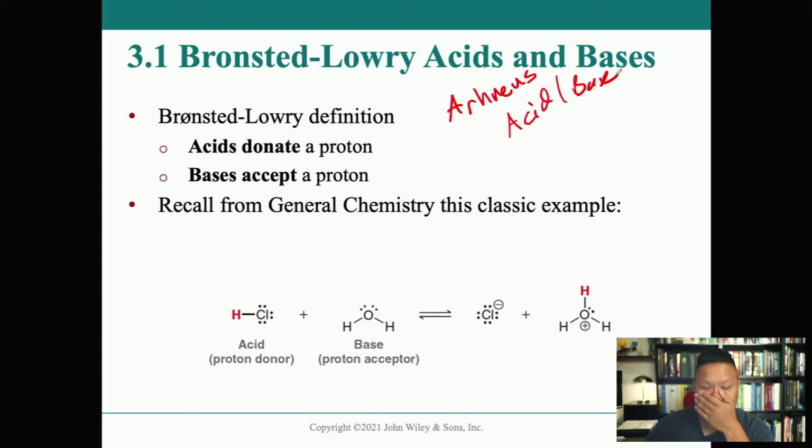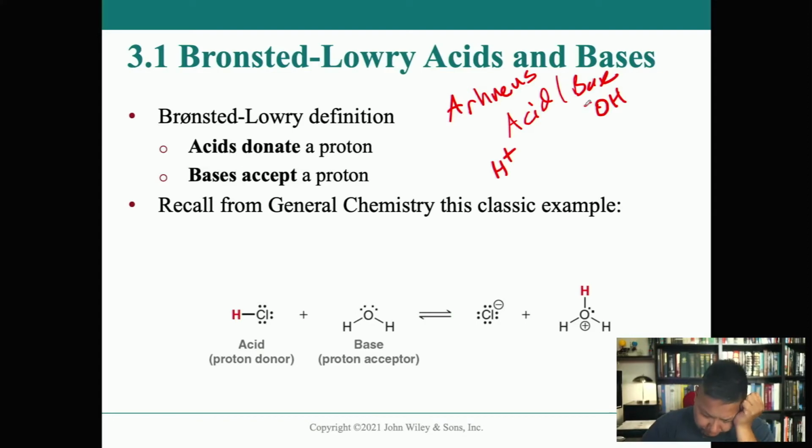In Arrhenius acid-base theory, if you recall from Gen Chem, an acid donates a proton, or an H plus, to the solution, and a base donates a hydroxide to a solution, to water, right? The problem with the Arrhenius acid-base theory was that it was so confining and so strict.